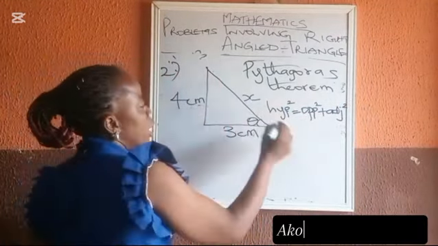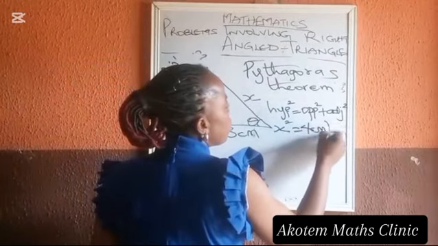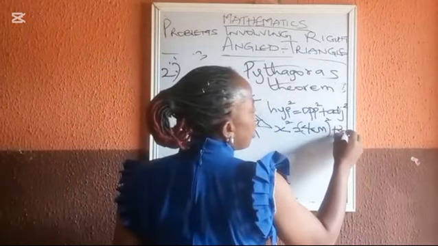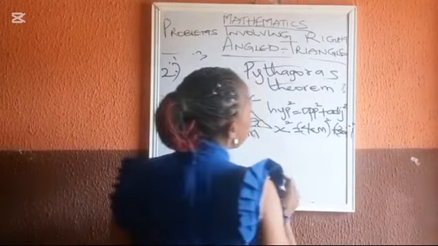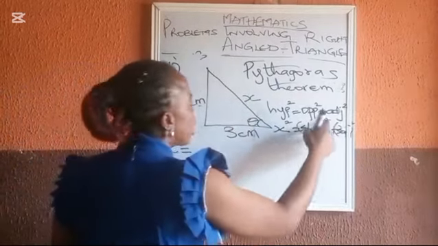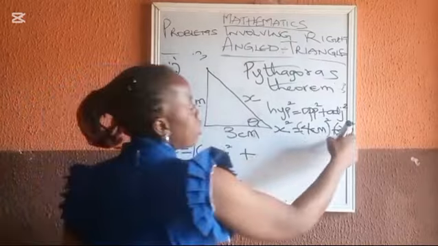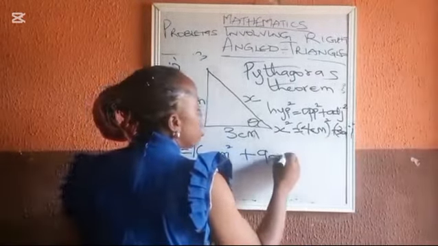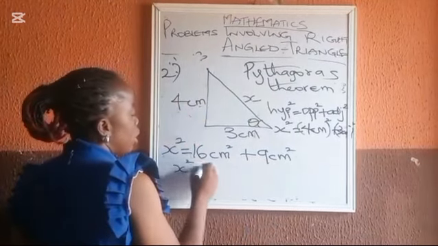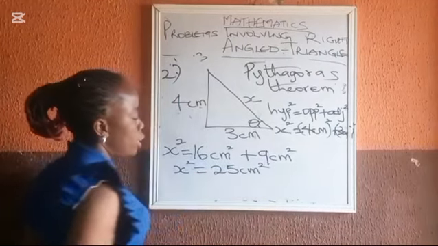So I have x squared equals the opposite, which is what? My 4 centimeters all squared, plus my adjacent, which is 3 centimeters all squared. So from here, I have x squared equals 4 centimeters squared, which gives 16 centimeters squared, plus 3 centimeters squared, which gives 9 centimeters squared. Adding these two together, I have x squared equals 25 centimeters squared.